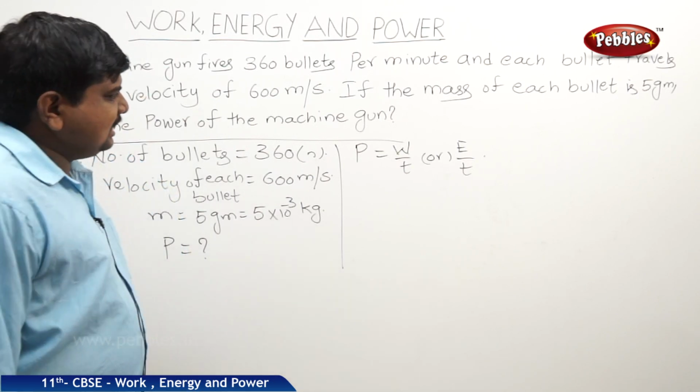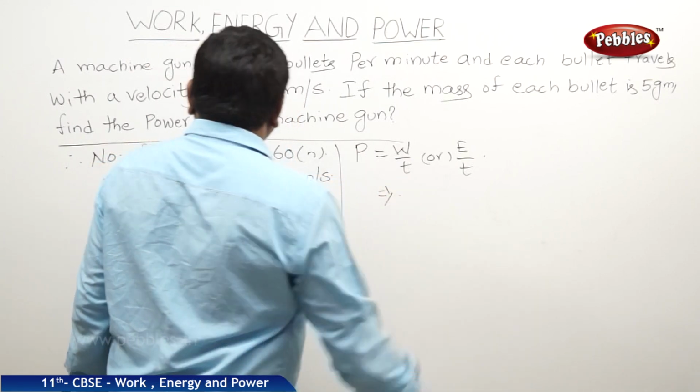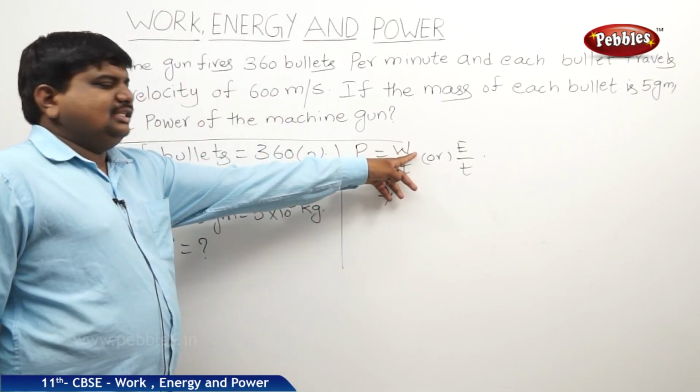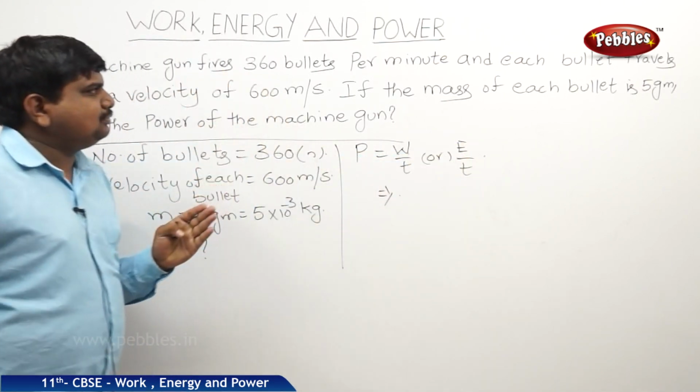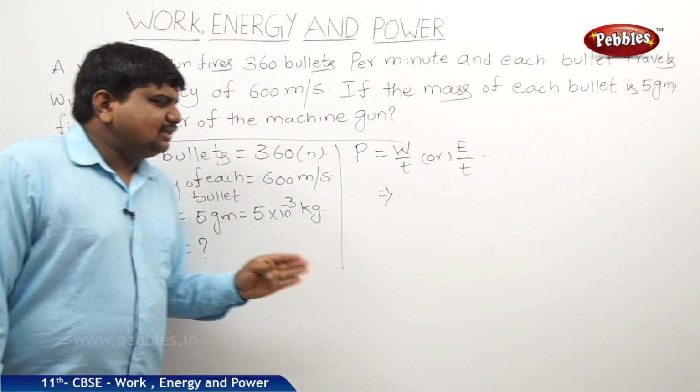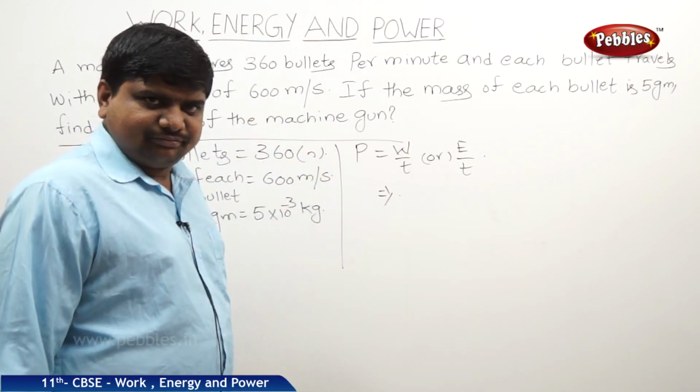So what we can understand in this question is, which energy can a bullet possess? A bullet possesses velocity, that is called kinetic energy.